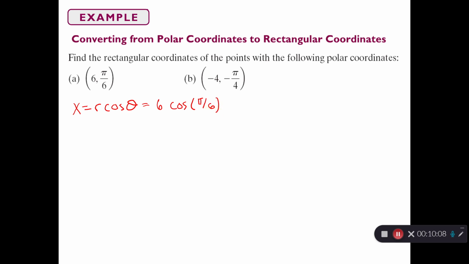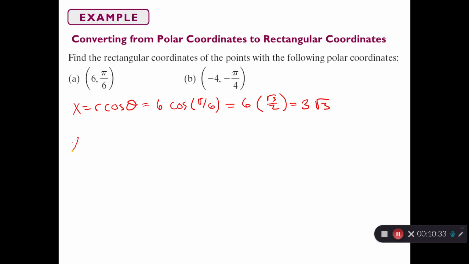Now, the key here is you definitely need to know your unit circle. So we have 6 times, and the cosine of pi over 6 is radical 3 over 2, and that winds up equaling 3 radical 3.